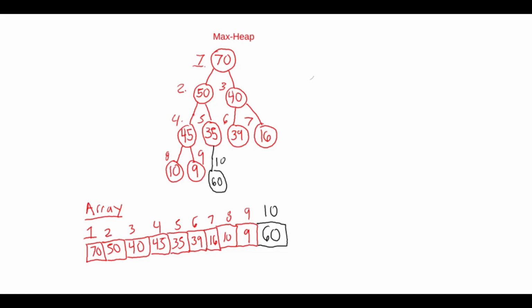For example, 39 is less than 40, and 16 is less than 40. And on the left side, 45 is less than 50, and 35 is less than 50. And down there too, 10 is less than 45, and 9 is less than 45. So what you're going to do here is we call this swapping.